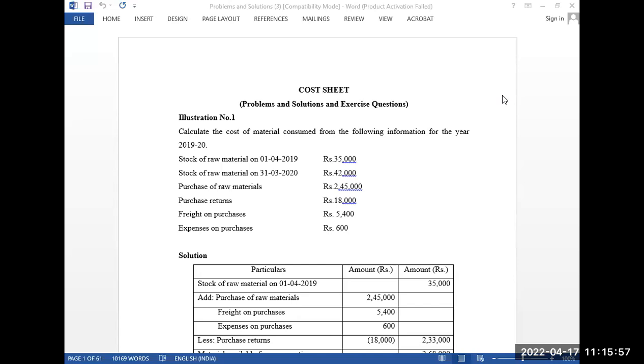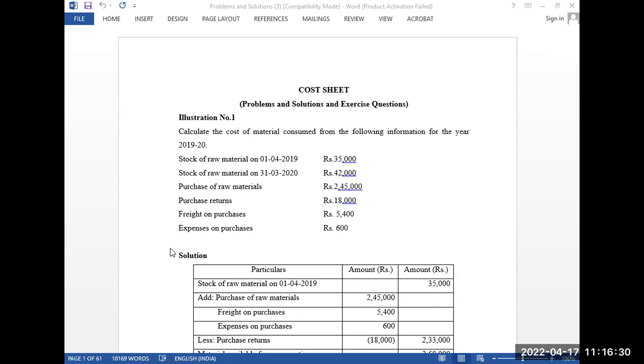Calculate the cost of material consumed from the following information for the year ended 1920. Stock of raw material, purchase at the end of the year. Opening and closing is there. First one is opening, second one is closing. Then purchase return, freight on purchase, expenses on purchase. So based on this, we have to calculate the cost of material consumed, which can be used as the first item in the cost sheet.